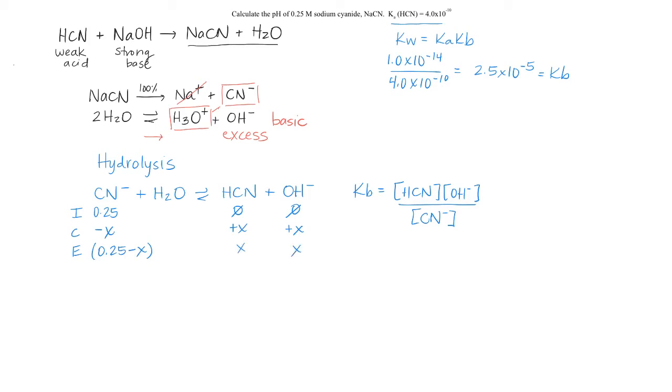Let's solve for x using the Kb. 2.5 times 10 to the minus 5 equals x squared over 0.25 minus x.